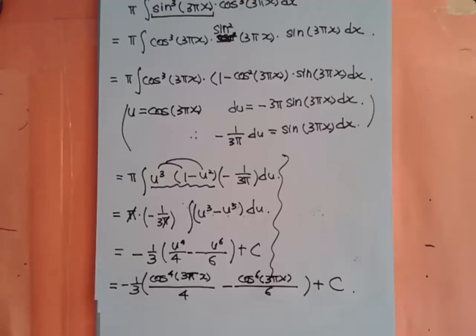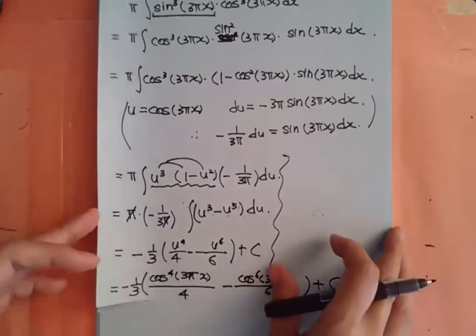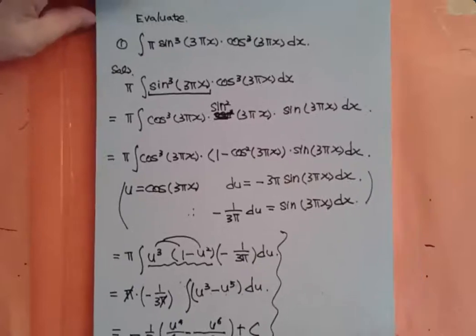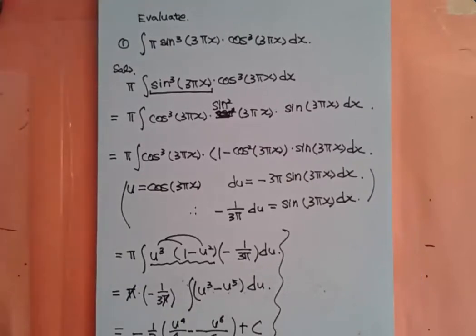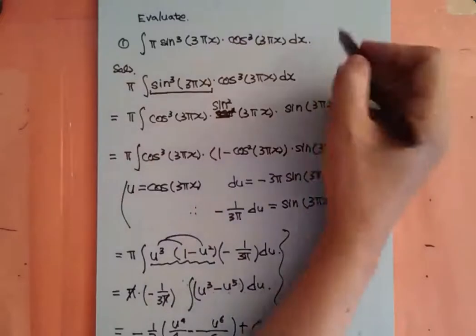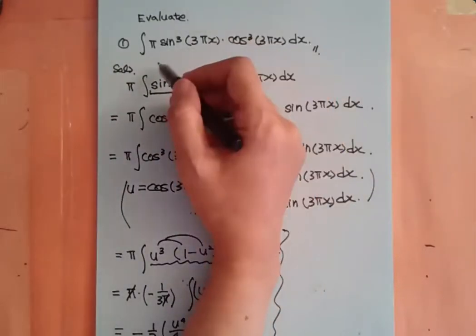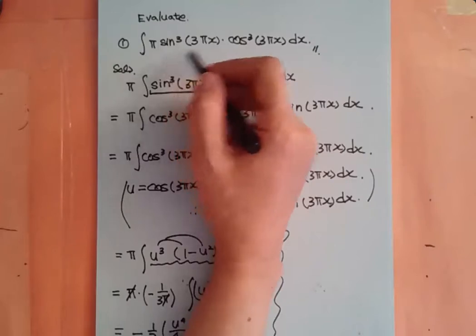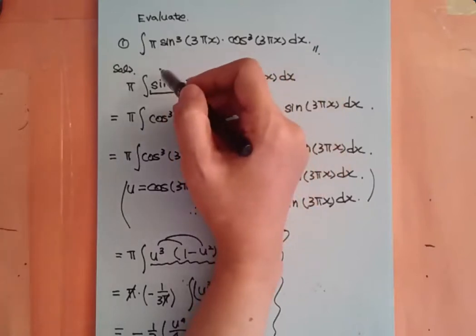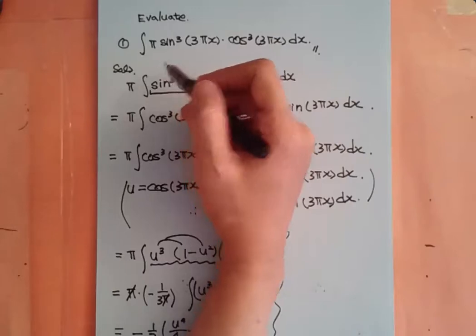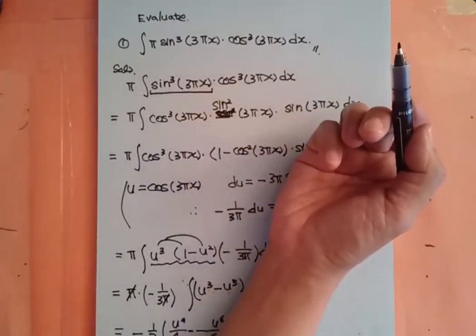So once you get the correct strategy, when substitution is done, it should be pretty easy. But if you don't know how to start it, then it'll be difficult. So when you look at the problem, what you can see is a sine and cosine combined, and the derivative of sine is cosine, the derivative of cosine is negative sine, so you will have a slight sense of substitution or intuition.